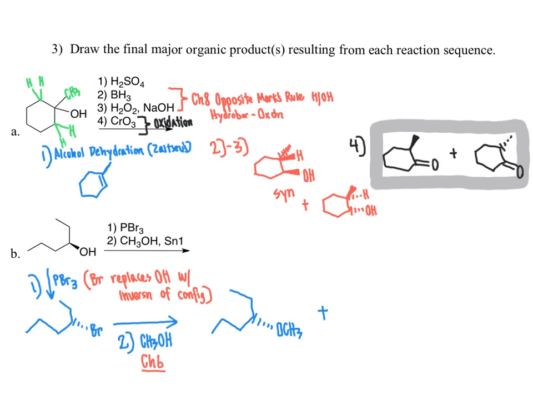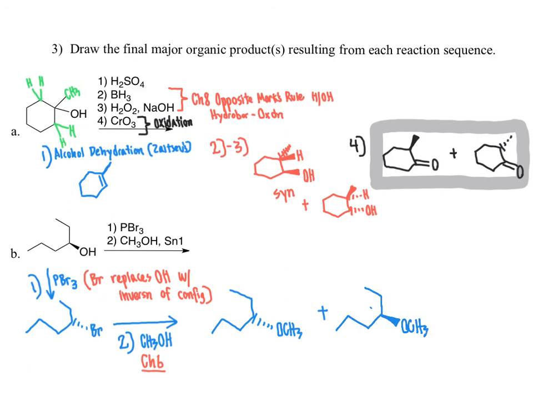And when thinking about the configuration of the final product here, you might be tempted to do what I just did, which is draw in the dash, much like we've drawn in a dash for the bromine at the chiral center here. But keeping in mind this is an SN1 reaction, you also need to draw the other configuration as well.